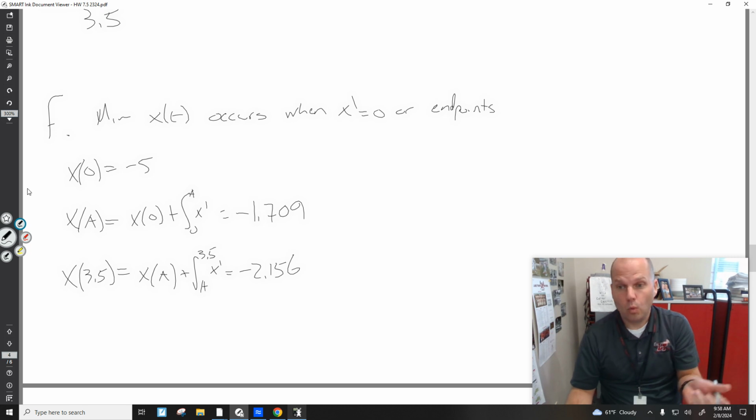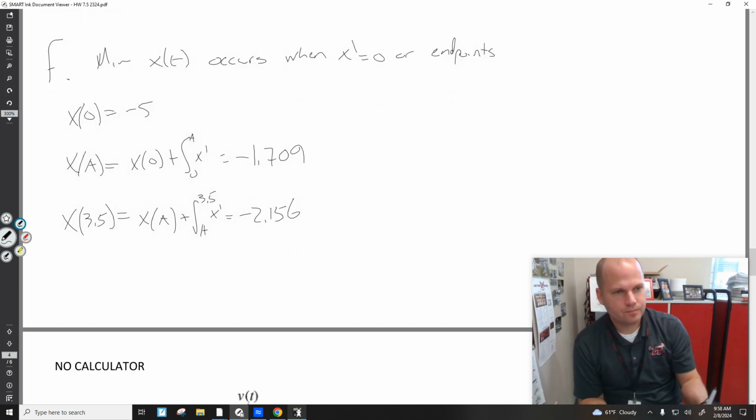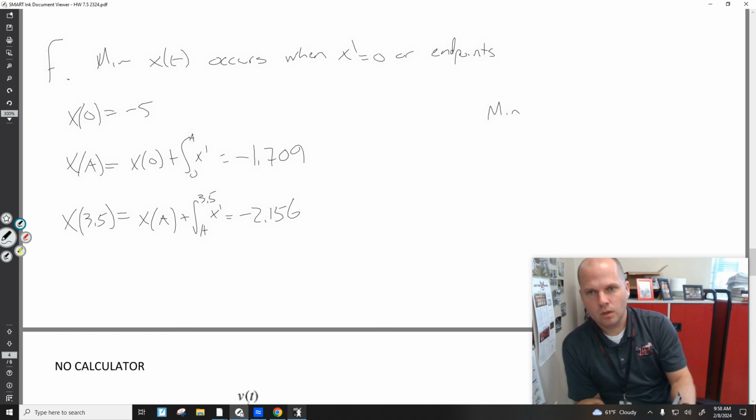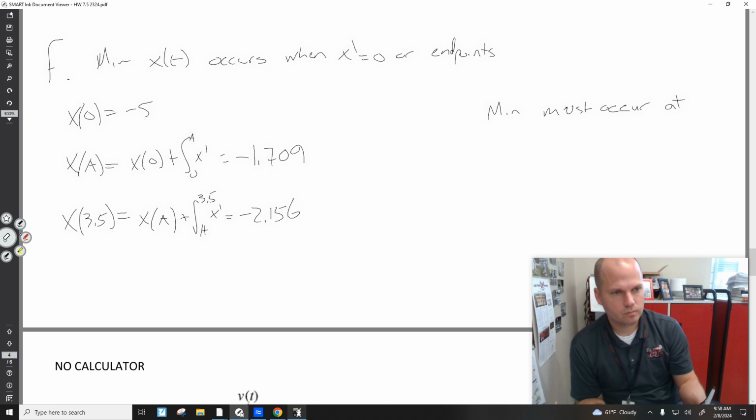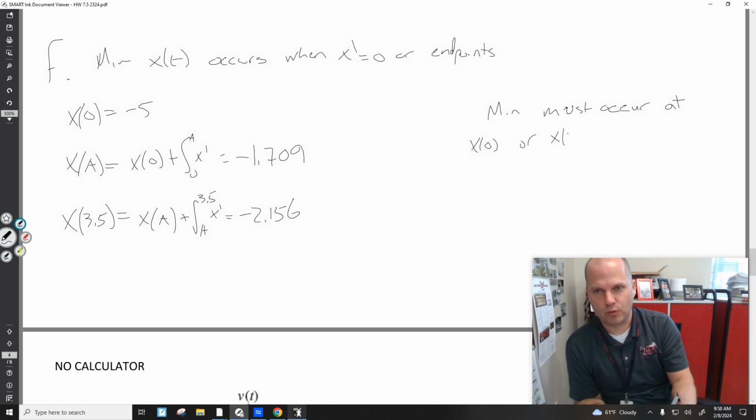Now, what would be potentially a shorter way? Min must occur at t equals 0 or x of 0 or x of 3.5, since the derivative is positive from 0 to A, and then the derivative is negative from A to 3.5.